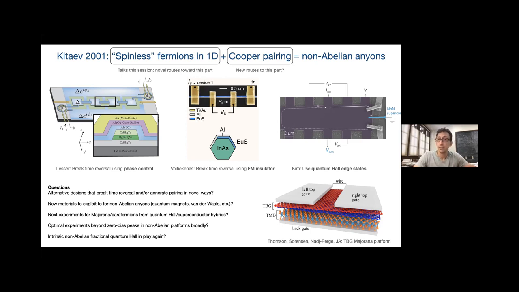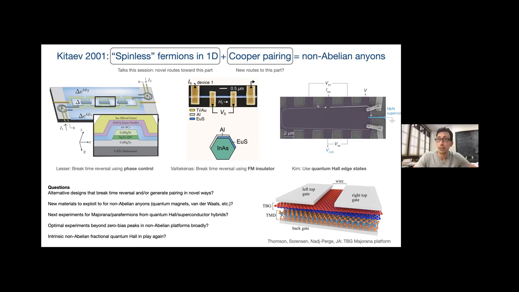Since this is the final discussion in this conference, perhaps there's interesting things to say about optimal experiments to go beyond zero bias peaks, which has been the premier tool to date. And finally, I wonder if it's actually useful to begin circling back to where this whole non-abelian anyon physics began originally, namely in the quantum Hall regime, especially in light of recent unambiguous demonstration of abelian statistics via interferometry.